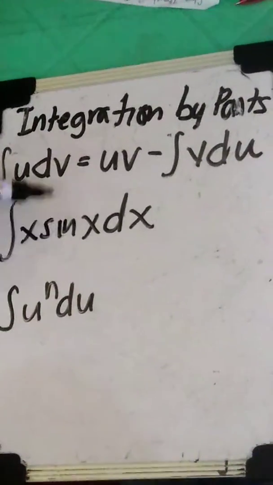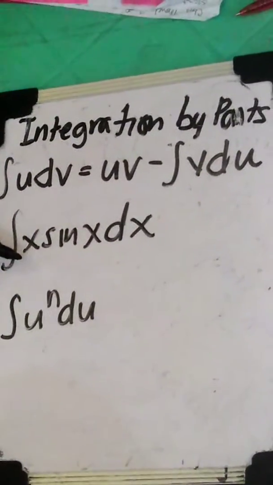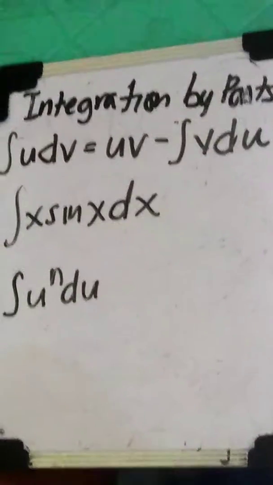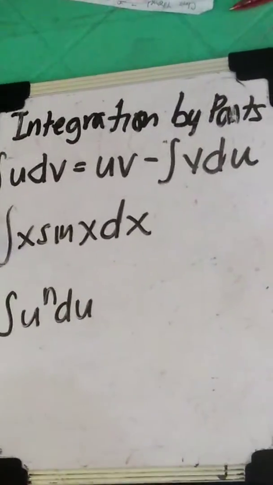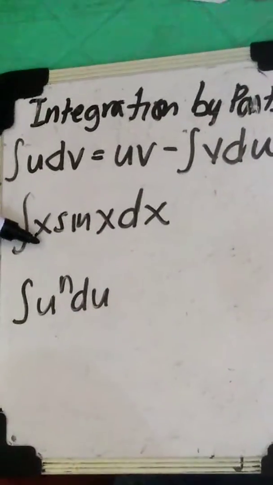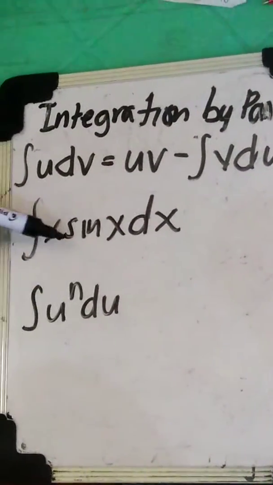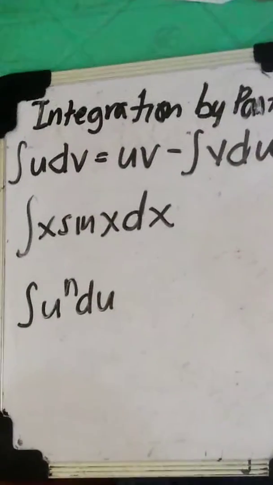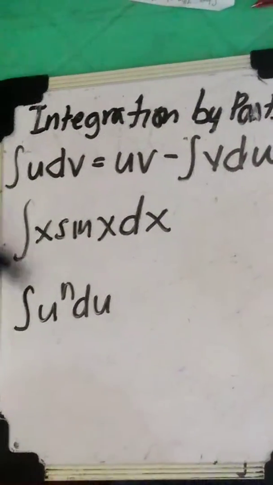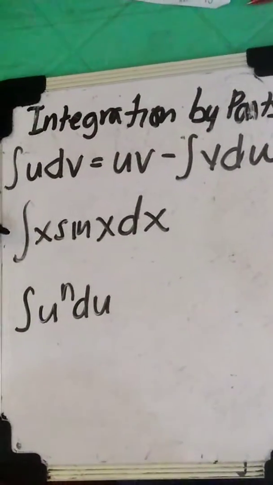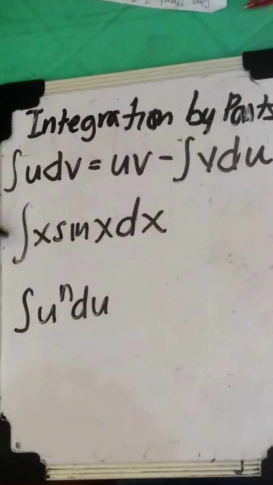If u is sine x, obviously du is not x dx. Or if u is x, again, du is not sine x dx. This means that this formula is not applicable in that case.